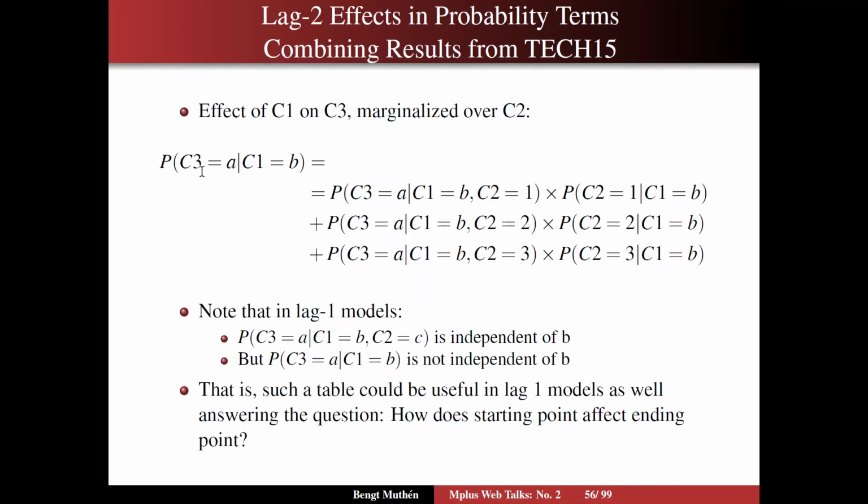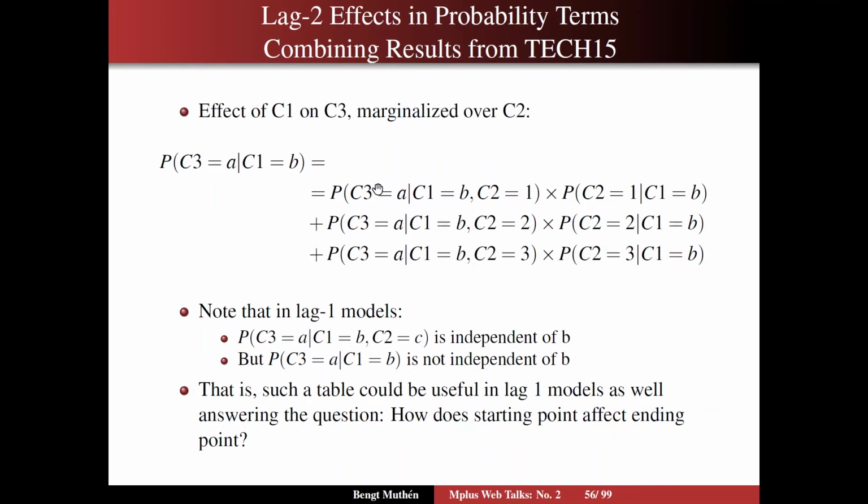So the probability of C3 being in a certain class, conditional on C1 being in a certain class, is a sum of 3 sums of products. First we have probability C3 equals A, C1 equals B, for C2 equals 1, and then for C2 equals 2, and then for C2 equals 3, times the probability that C2 is equal to 1, 2, or 3, given the C1 B value that we want to consider.